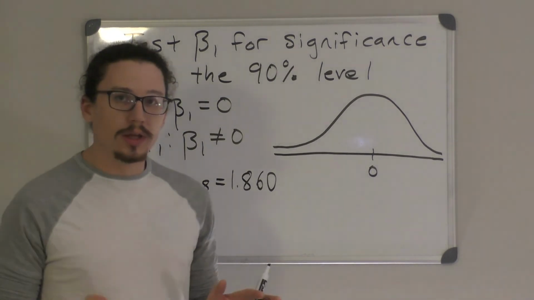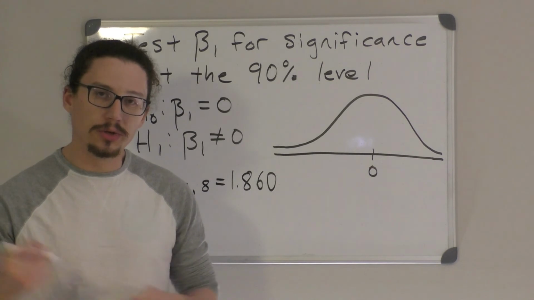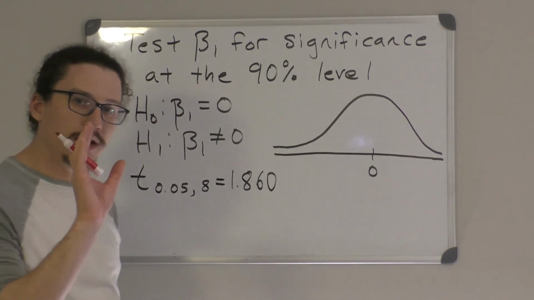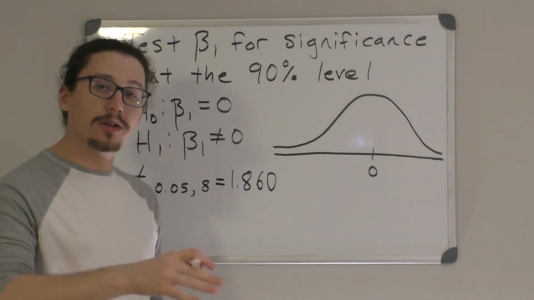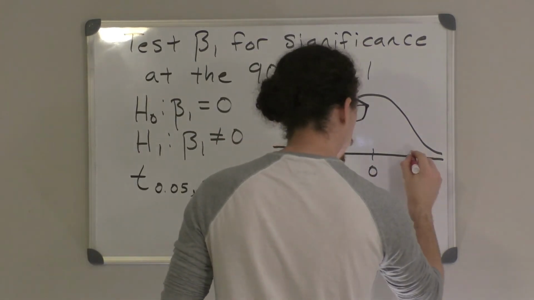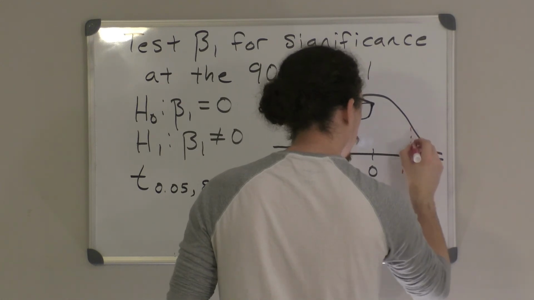At this point, if we so choose, we might want to draw out our distribution, visualize this, place our test statistic and our critical values, and mark the rejection regions. So we're going to have 1.860.